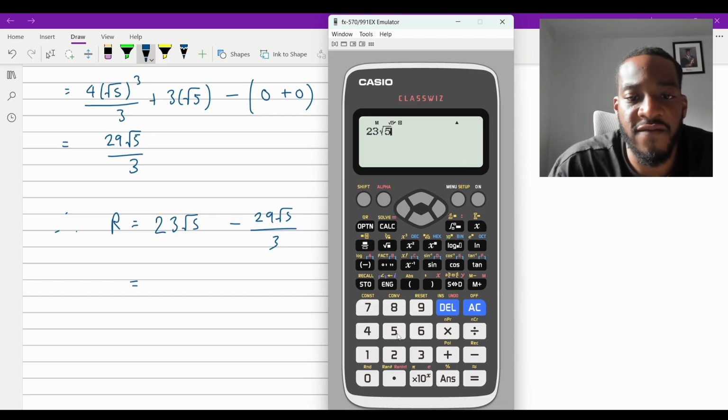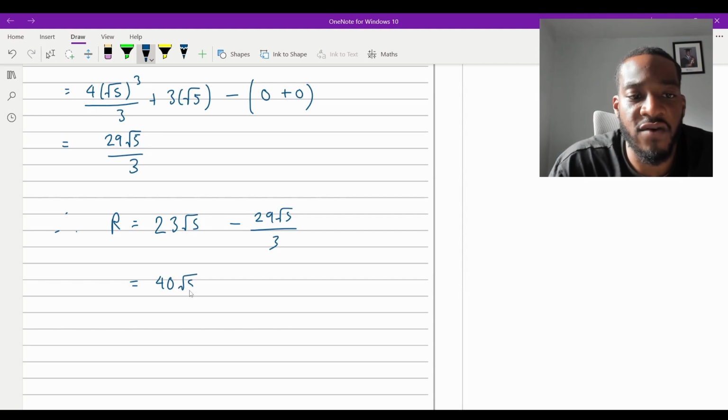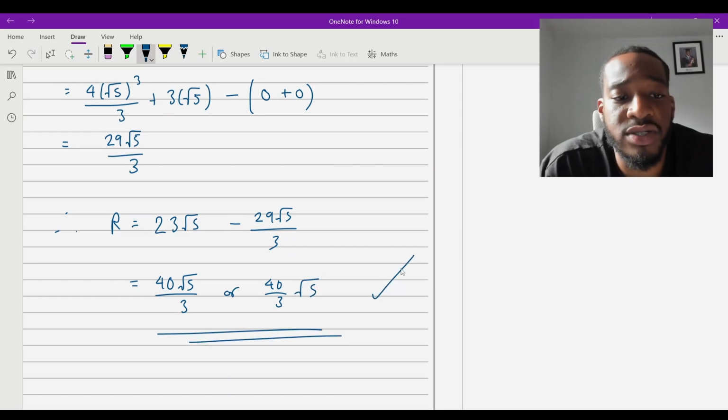This gives me 40 root 5 over 3, or 40 over 3 root 5. Either one is perfectly fine. And that'll be it, and that'll give you the 5 marks.